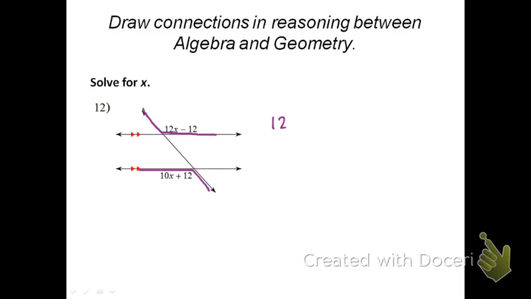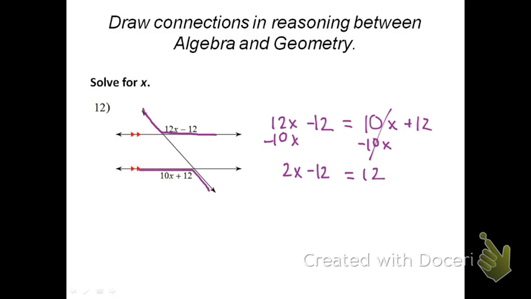So we can set those two equal to each other. So let's try 12x minus 12 equals 10x plus 12. Okay, when we solve now, that's a lot of 12s. Let's see. We subtract 10x from both sides, leaving us with 2x minus 12 equals 12.